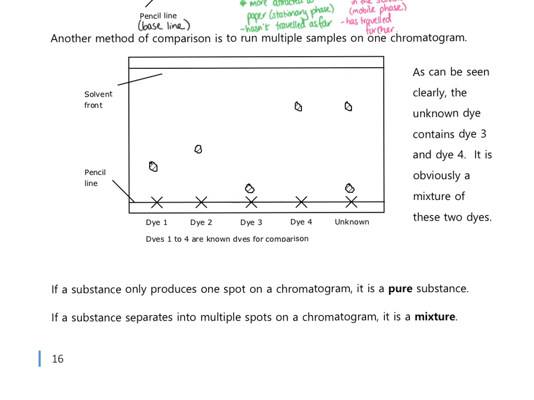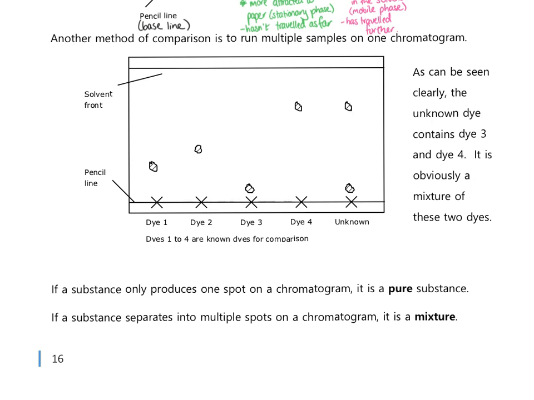So say for example we know what dye 1, 2, 3 and 4 are, and then we have an unknown substance. So we can use chromatography to identify the dyes or the components within an unknown mixture if I compare them against substances that I do know.